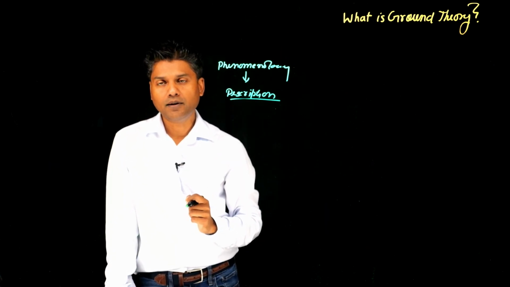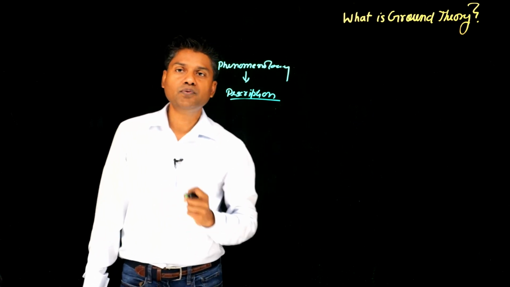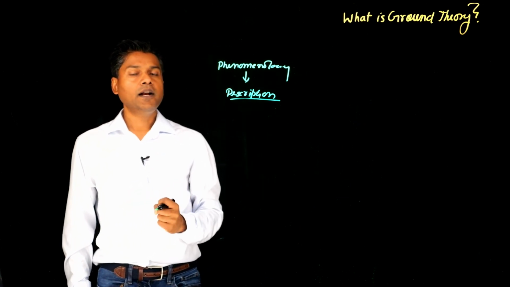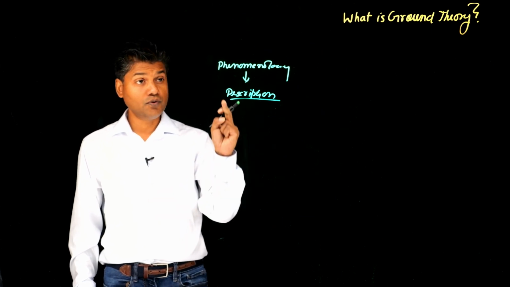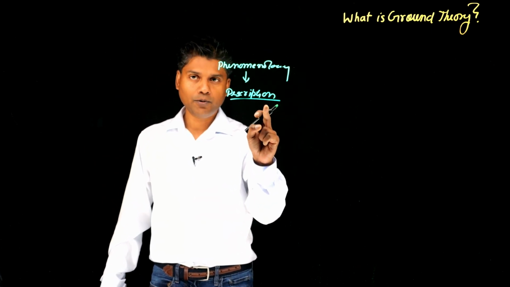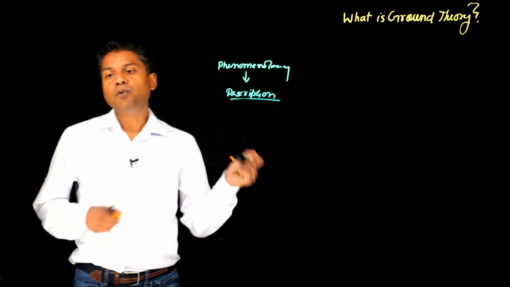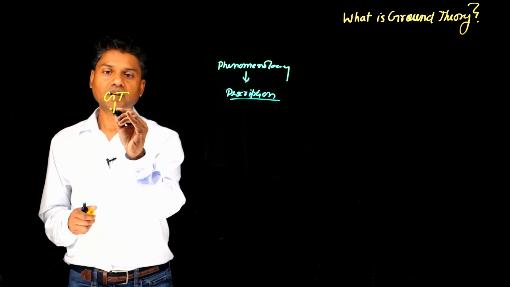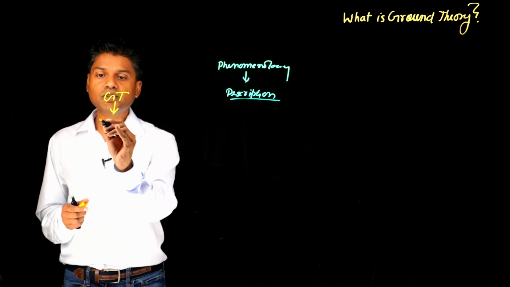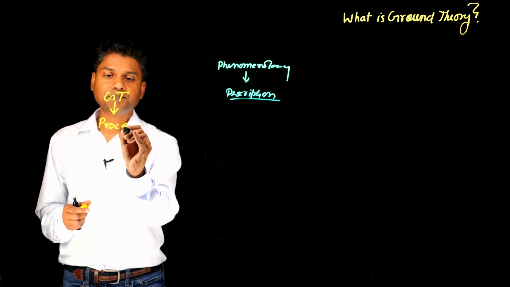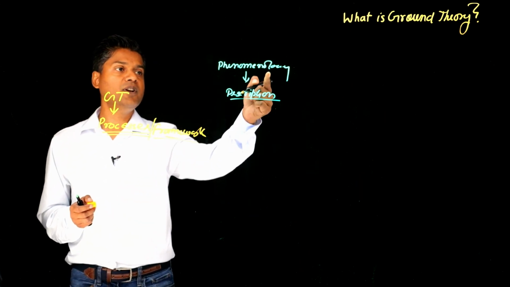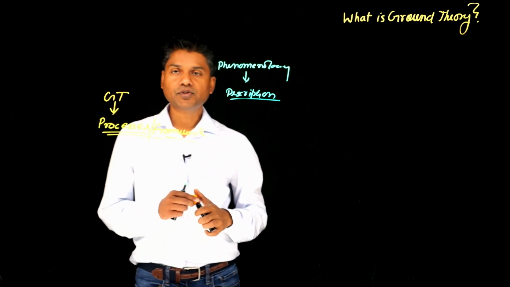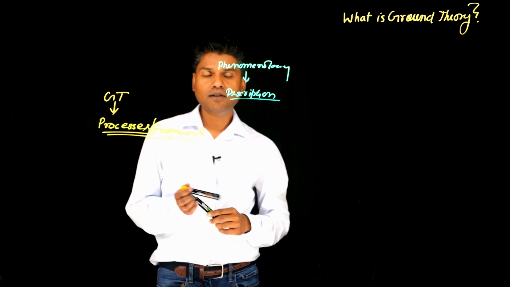When you do phenomenology, you focus on lived experiences and you try to get a very detailed description of the phenomenon. So the focus is on description, while in grounded theory, the focus is on understanding processes, frameworks. While in phenomenology, the focus is on description of the phenomenon.